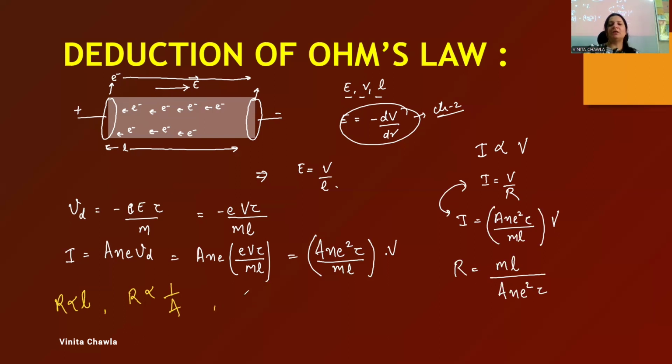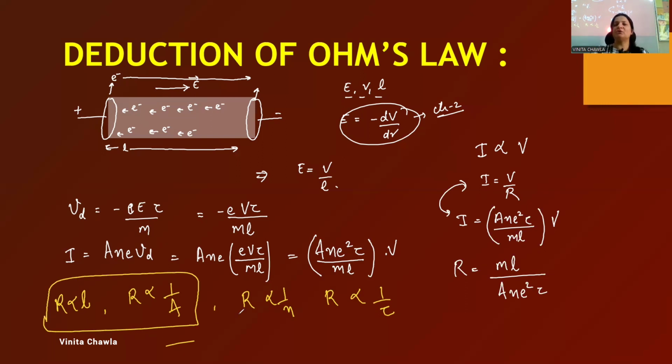Resistance is inversely proportional to number density. It is inversely proportional to relaxation time. So it depends upon these factors. N is number density, right? It's number density. Okay. So it depends upon relaxation time as well. So this we had discussed in the previous class.